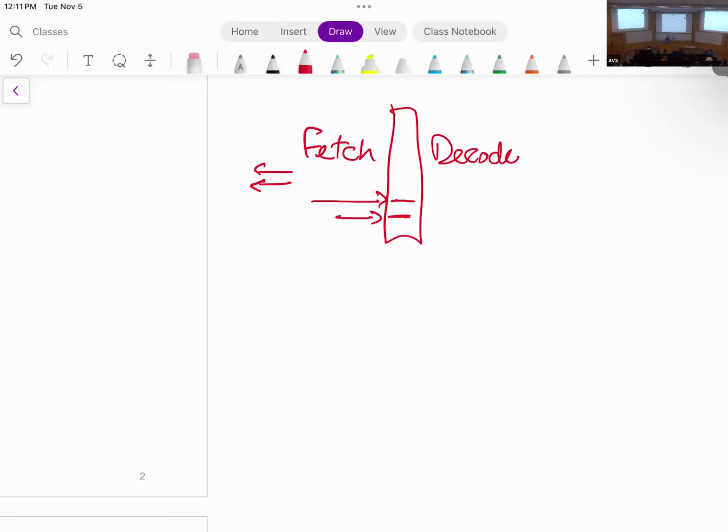Then the decode decodes and dispatches them and so on and so forth. If we need to stall, we typically let the fetch keep fetching things and putting them into the instruction queue. From the instruction queue, we decode and put things into the reservation station. So for example, if your reservation station is full and you can only decode 1 instruction, your decode will be stalled, but your fetch can continue.